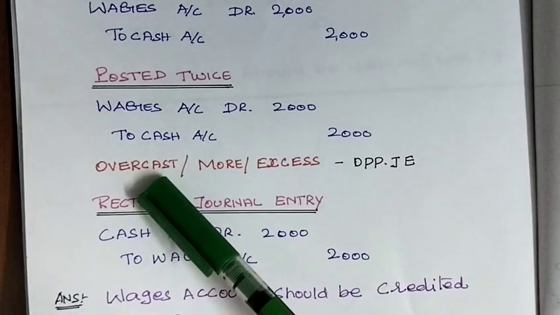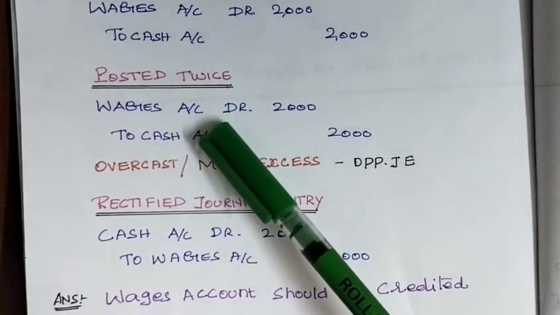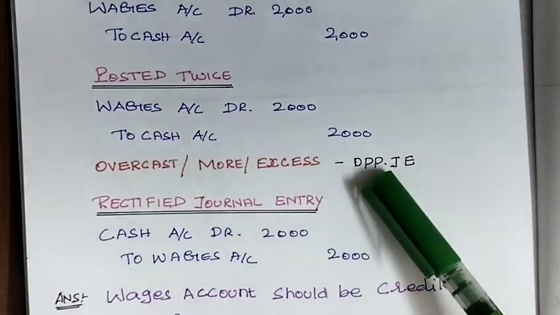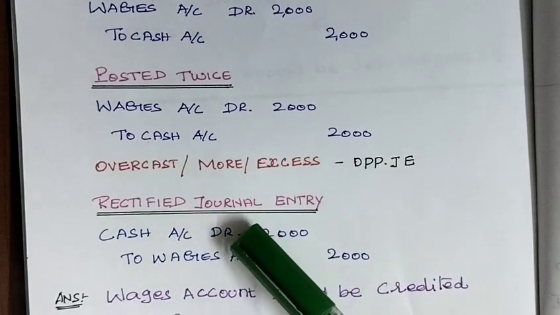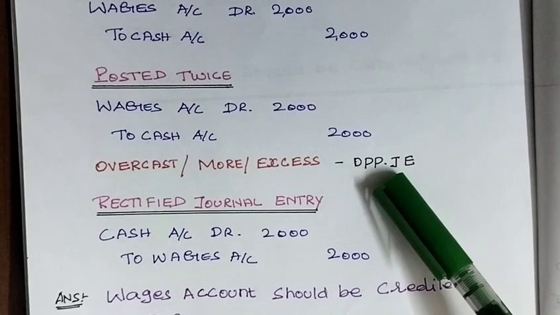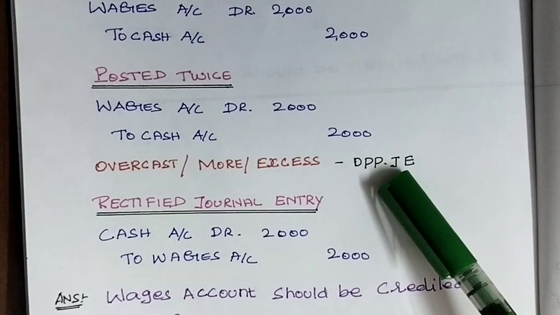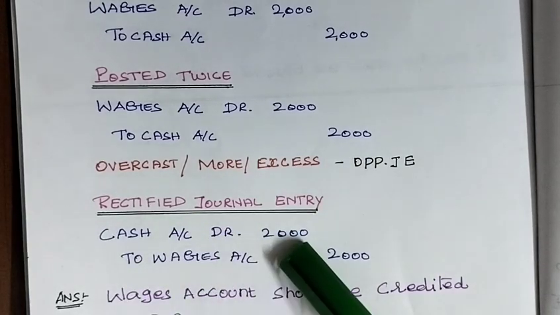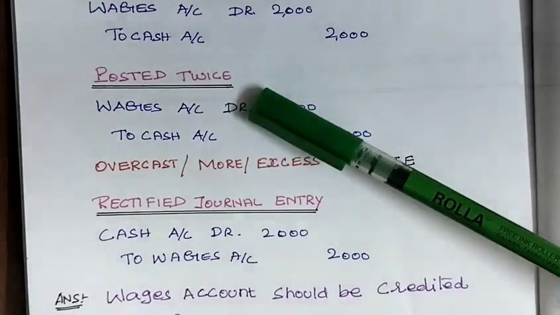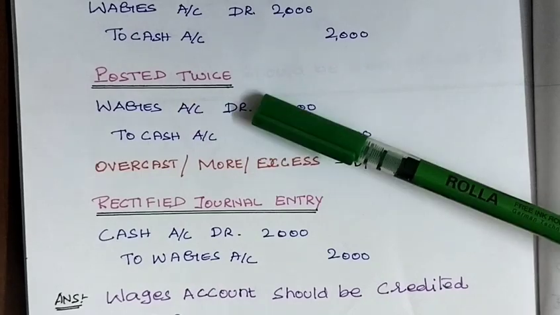Whenever you see overcast, that is more excess, when we rectify the journal entry, you have to use the opposite journal entry method. So cash account debit 2,000 rupees to wages account 2,000 rupees. We have to write the opposite journal entry.